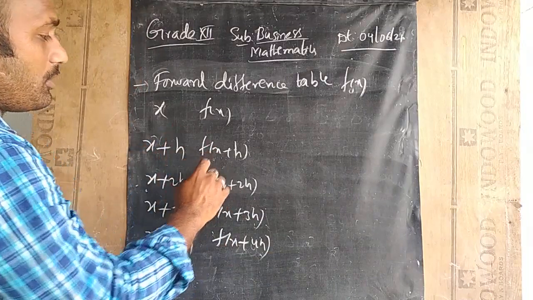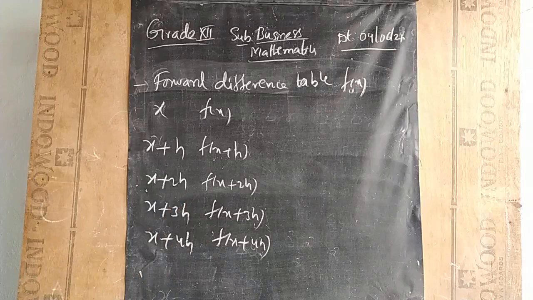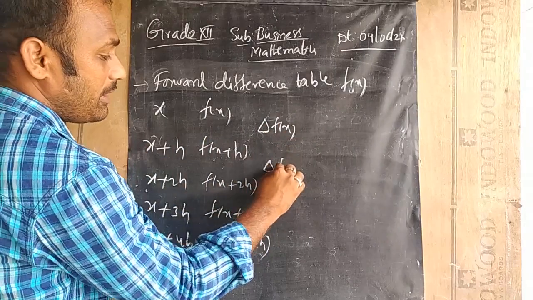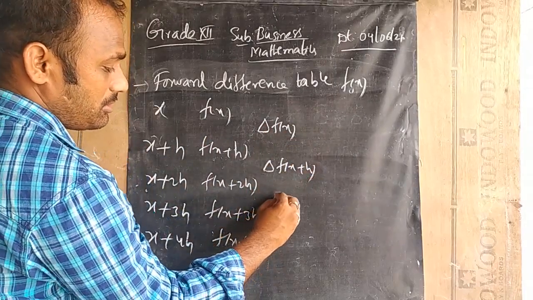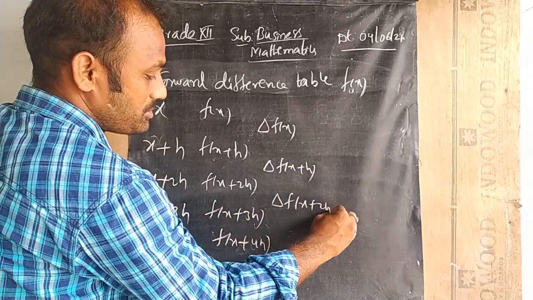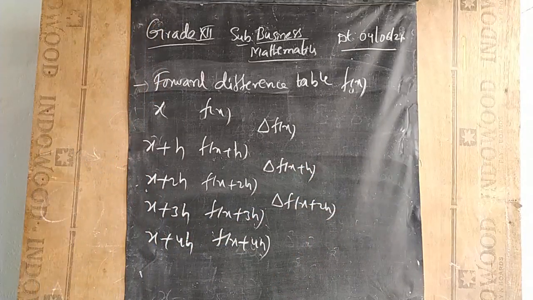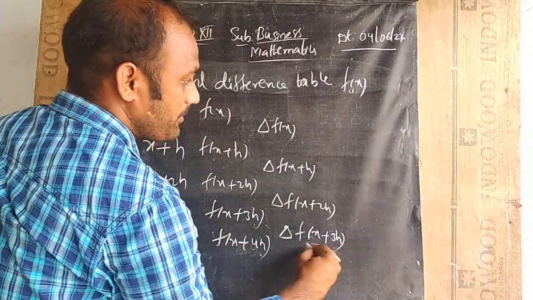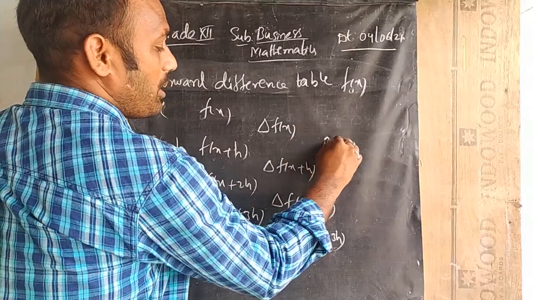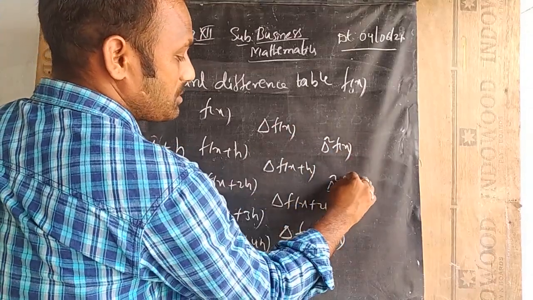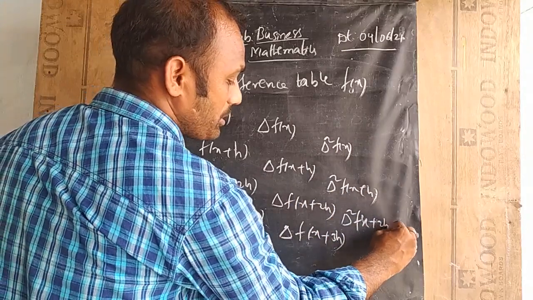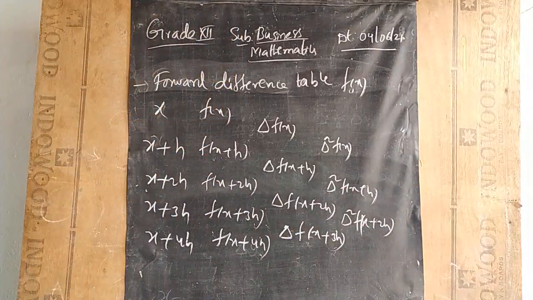These are the inputs. Now, delta: delta f of x, delta f of x plus h, delta f of x plus 2h, delta f of x plus 3h, and next delta square f of x, delta square f of x plus h, delta square f of x plus 2h. Simultaneously we can continue all this. This is the forward table for y of x.